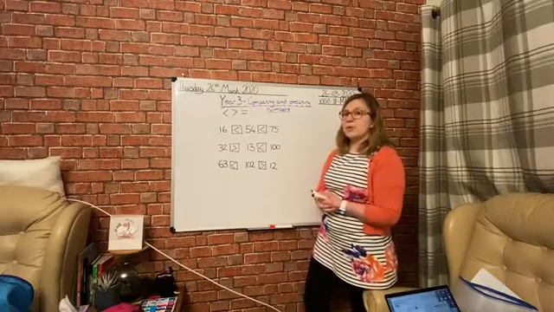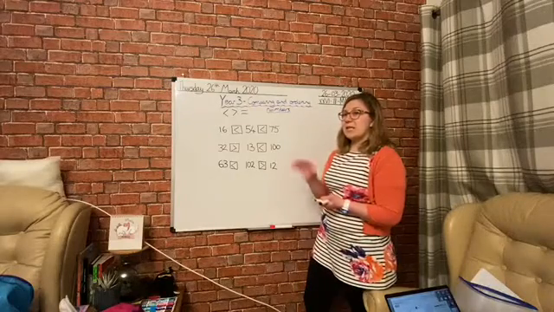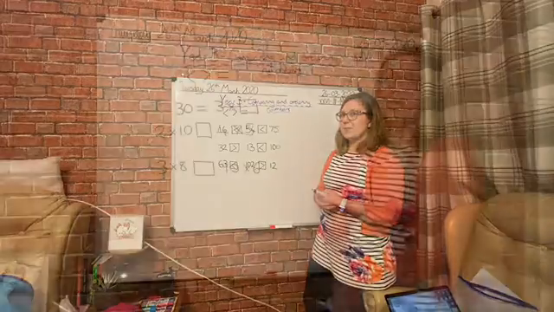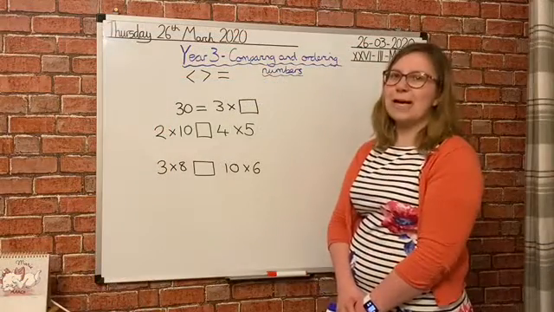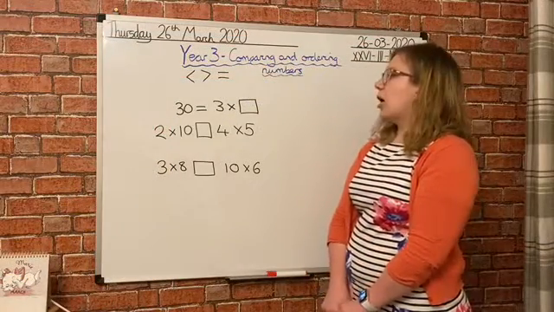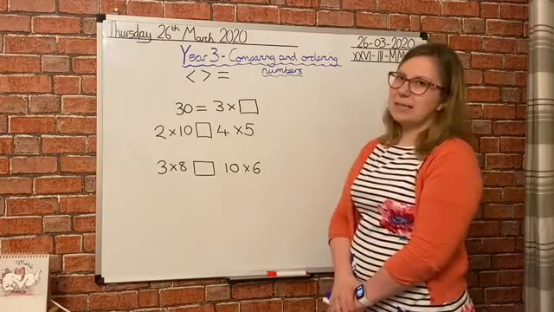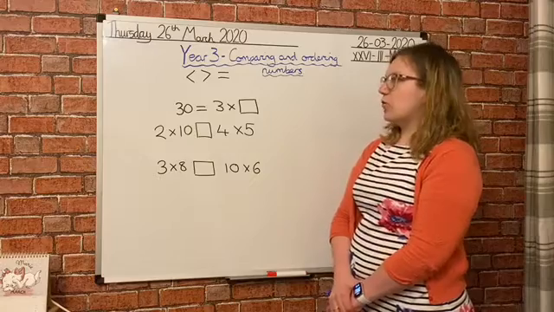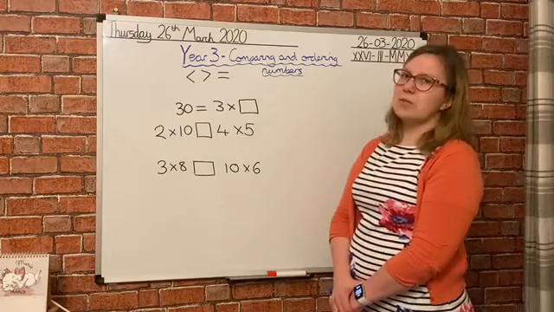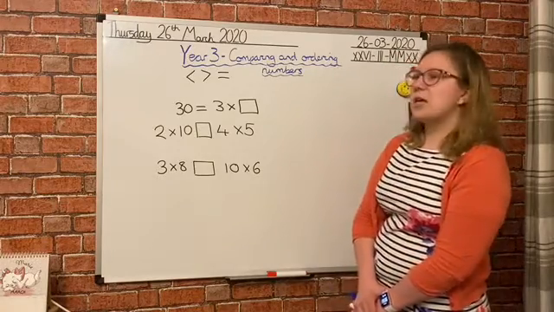I've got one more thing for you to practice, so bear with me a second. I'll clean off the board and pop something up. Okay, so here's the last thing I wanted to look at before I leave you to it. I have popped some equations on the board where we need to fill in some missing numbers and some missing symbols. So 30 equals 3 times something. How many lots of 3 go into 30?